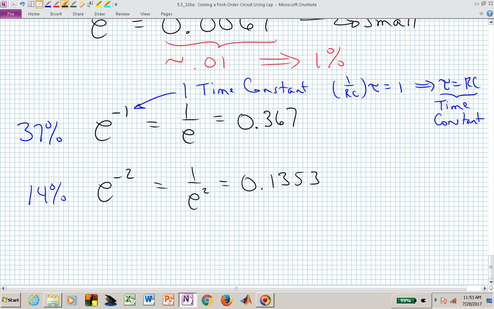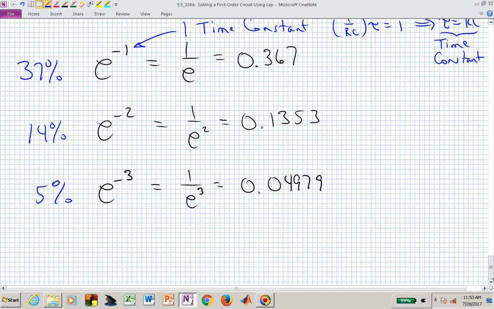If we carry this even further, if we go to 3 time constants, that's now 1 over e cubed, and this now is a value of 0.04979. So this is approximately 5%. So we're now, after 3 time constants, within 5% of where we want to end up, or will end up. e to the minus 4 is actually 0.01832, and typically that gets approximated to be 2%.